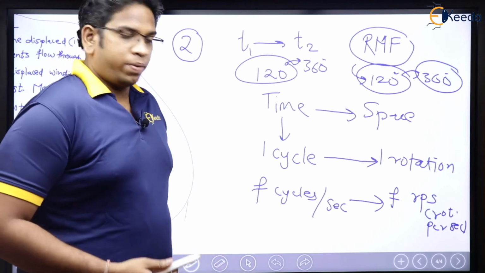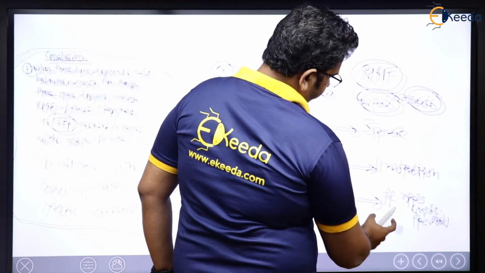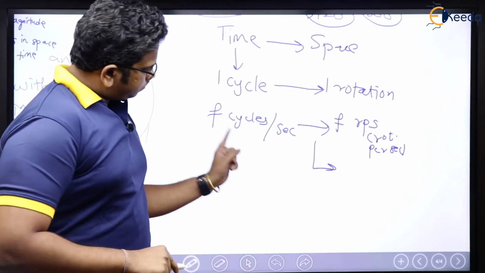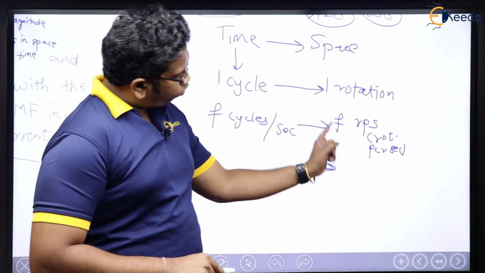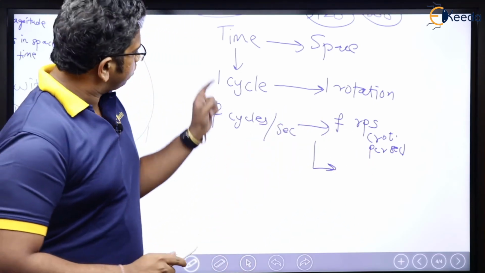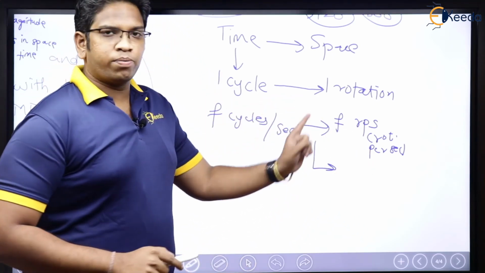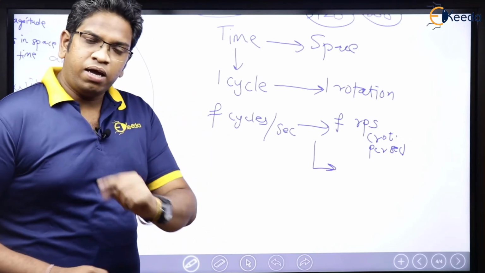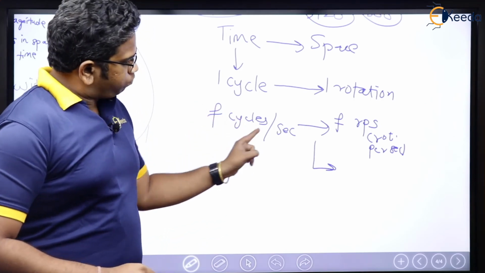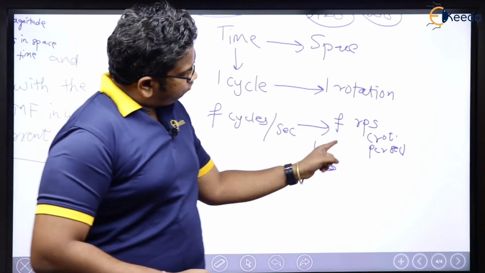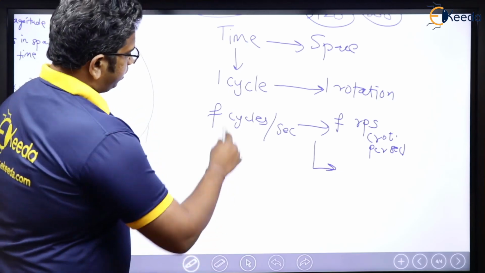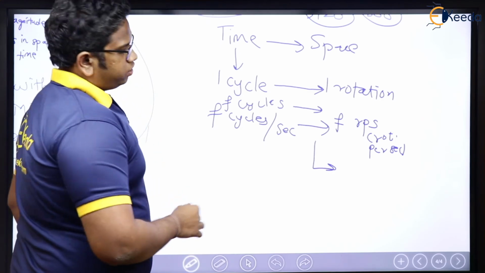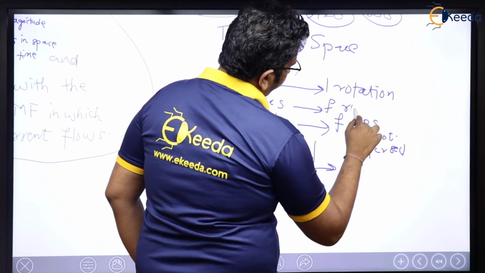Now, what about RPM? F cycles per second will produce F rotations per second. Why? Because one cycle will produce one rotation, which means F cycles will produce F rotations.